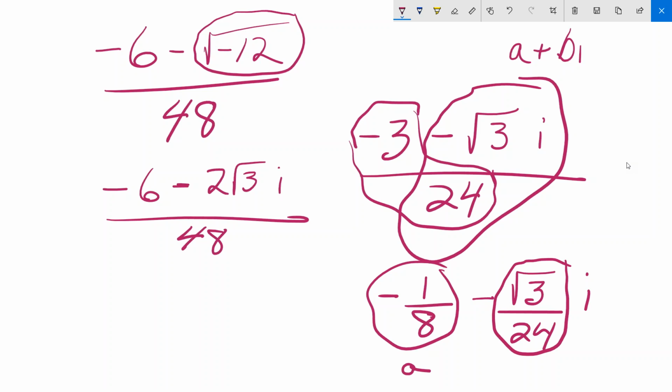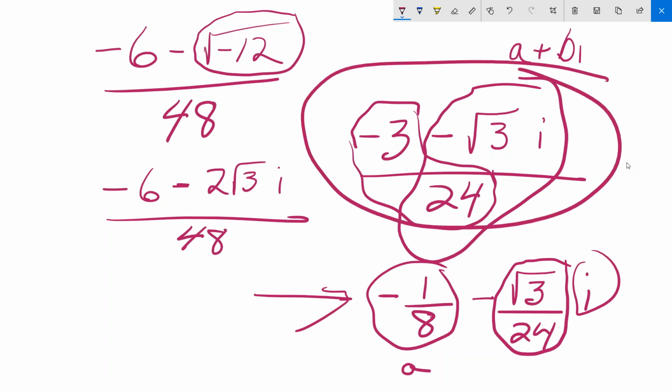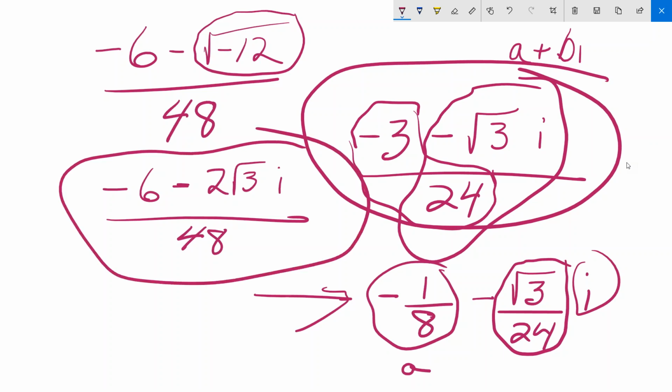And then you've got the I. So this right here is the preferred answer. If you gave this as an answer, you might lose a point, maybe nothing. Of course, if you gave that as an answer, you hadn't simplified it much at all, all the way through. In other words, the best answer is this one down here.